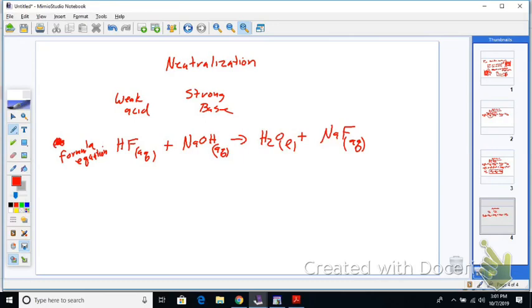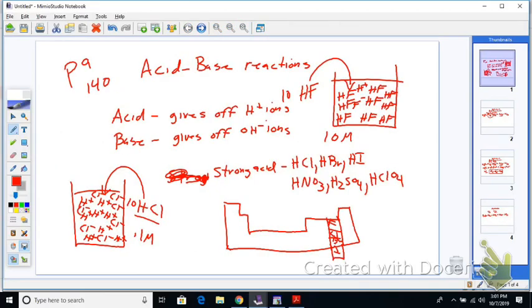Remember, up here, we put HCl in, all of it breaks apart. So that's why we broke it apart. If we put HF in here, look, they don't break apart. The majority of them stay together.